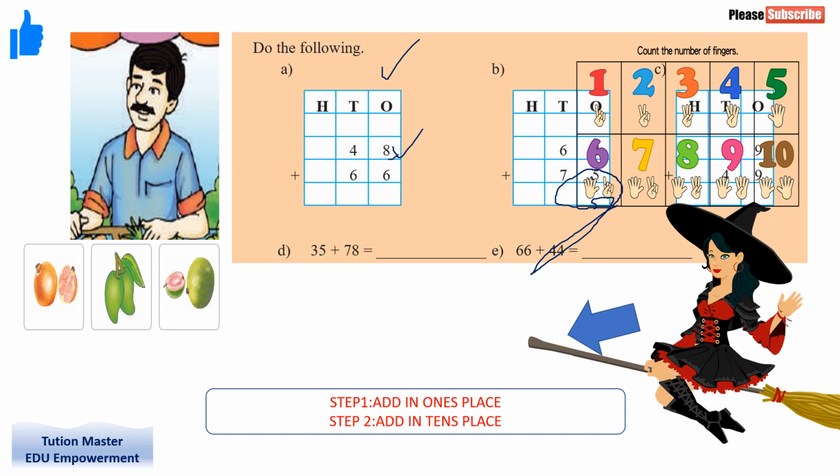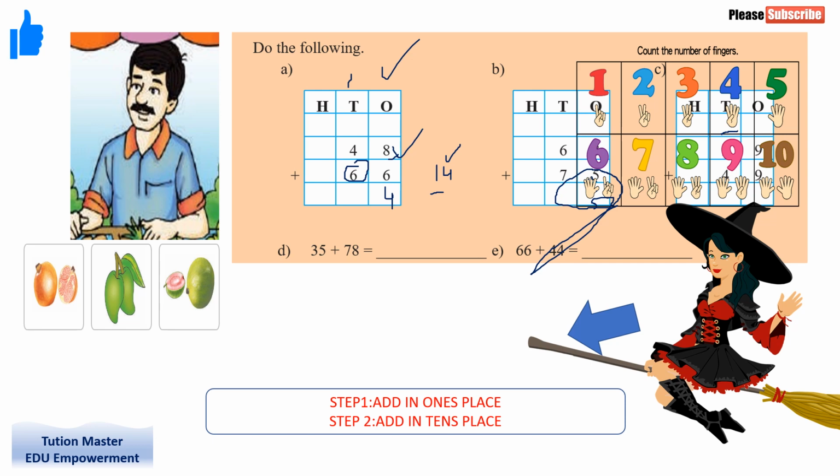So what value did we get? 14. 14, in the sense, how do you write it? 4 in ones place and 1 should be carried over. Where will it go? It will go above the tens place, right? Very good. Now in this tens place, which is the bigger value? 6. So what did I say? Keep 6 in the mind and show me 4 fingers like this, children.